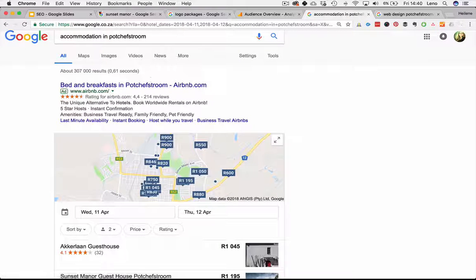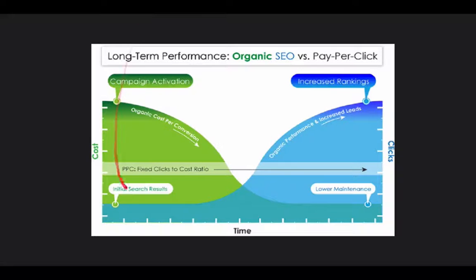The moment the budget is out, say they have a budget of 1,000 Rand a day and they get so many clicks on that budget, this ad is going to disappear in the same day. So let me just show this again. This is an ad campaign, pay-per-click.